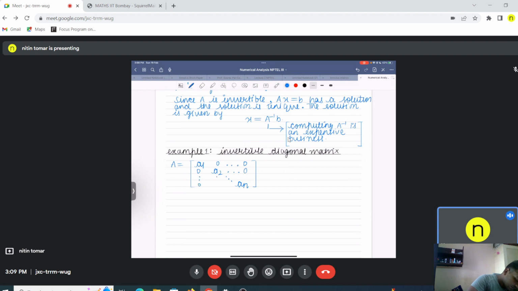So on the diagonal there are entries. That is precisely what we mean by diagonal matrices. And A will be invertible if and only if all these a1, a2, up to an are not 0, okay?